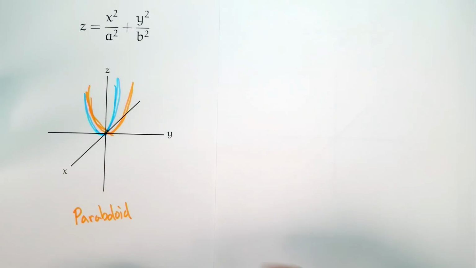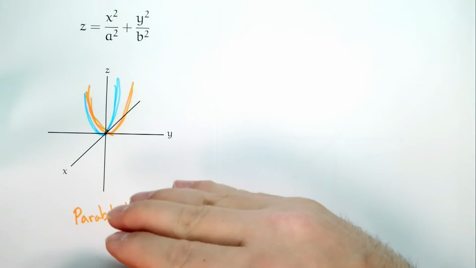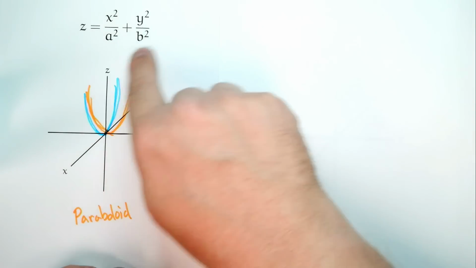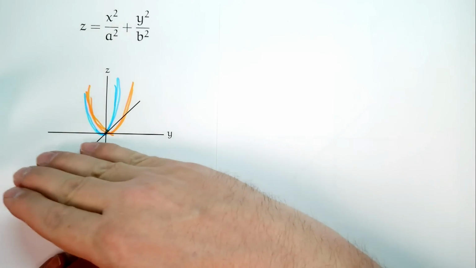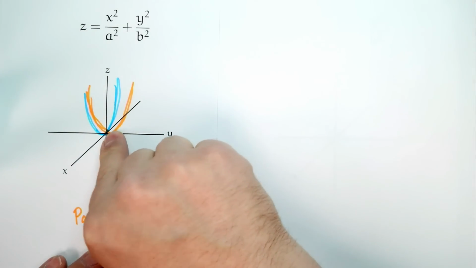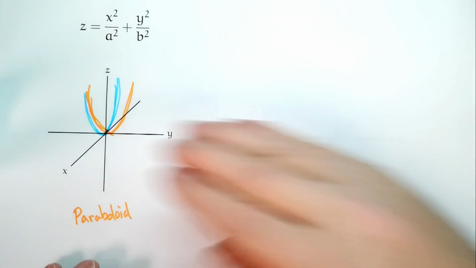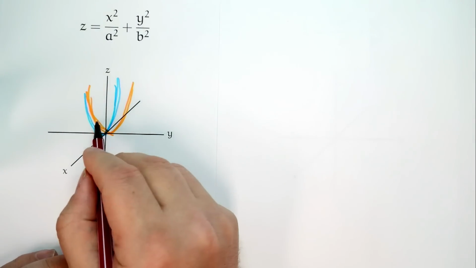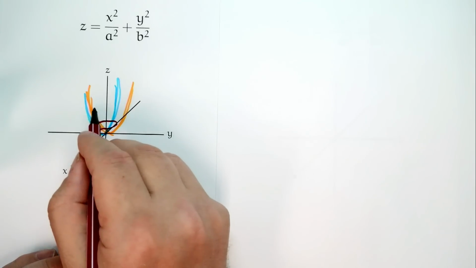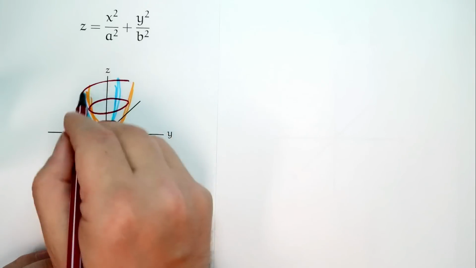Now, what happens if I move up? Well, notice I have something that looks like a circle. If z were negative, there's nothing. So it's nothing, nothing, nothing. Hit the xy plane, get a point at the origin, and then as we move up, we're forming circles. So what we're seeing here is something that looks like this.